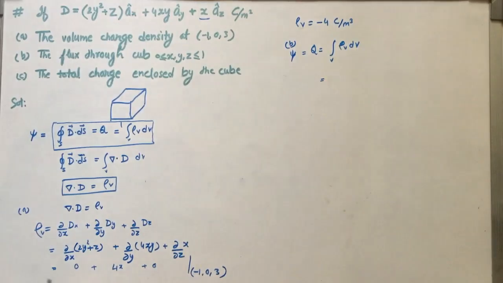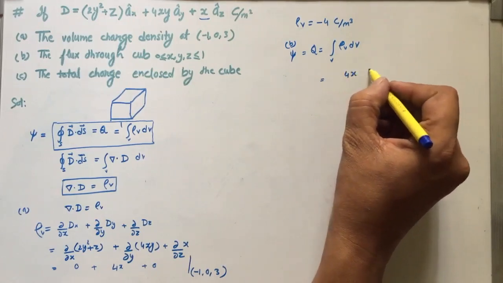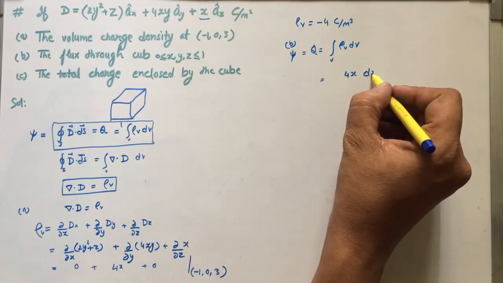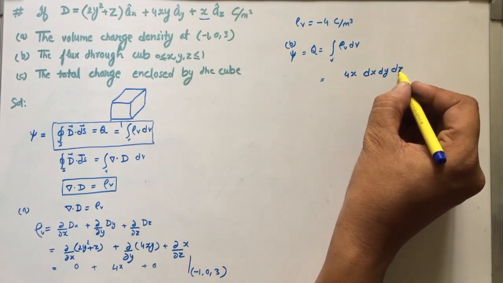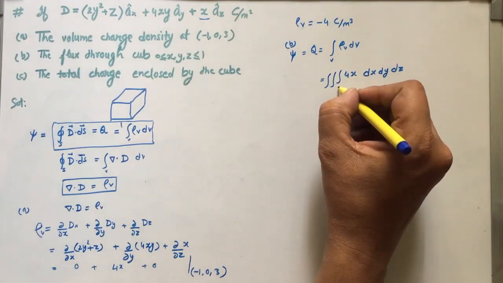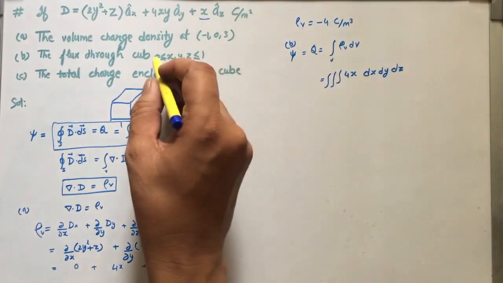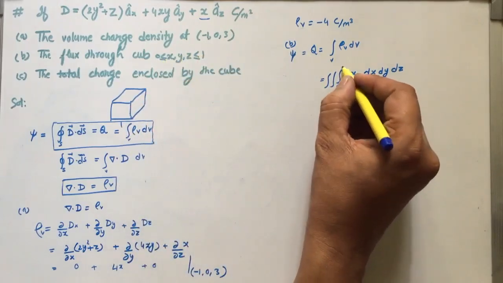So rho v is how much? 4x. 4x dv can be changed as dx, dy and dz in the Cartesian coordinate system, where the limits of x, y and z are 0 to 1, 0 to 1 and 0 to 1 respectively.